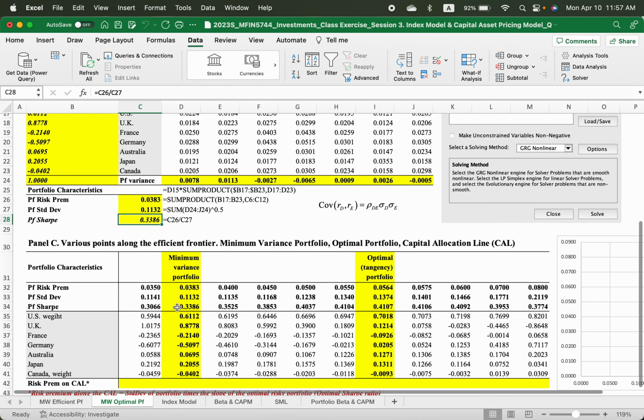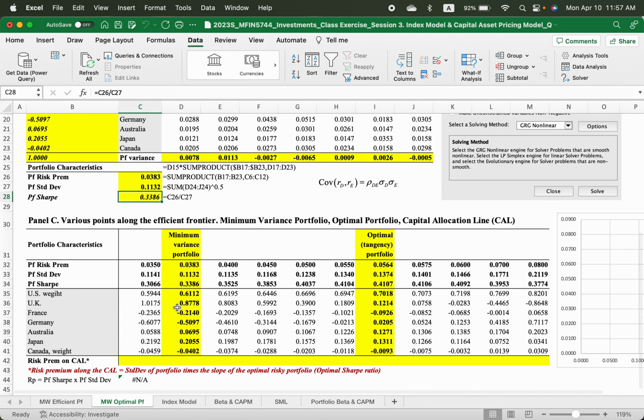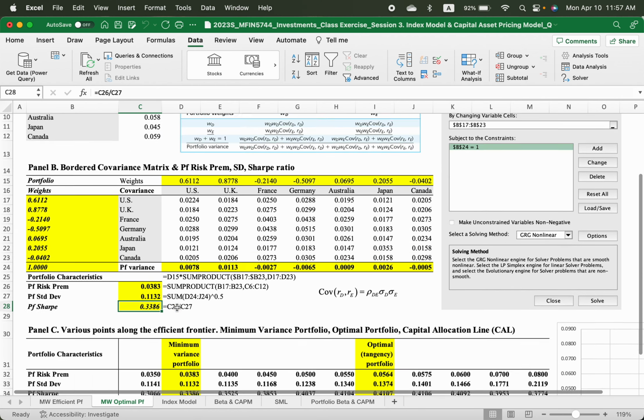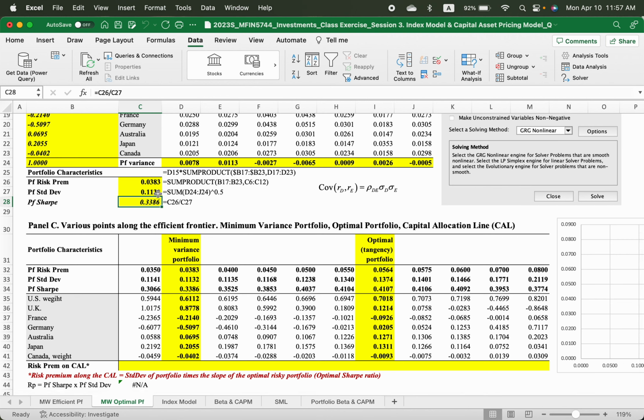But we'll compare the Sharpe ratios with the risk premium on the capital allocation line. We'll draw this. So this is the minimum portfolio, because of standard deviation.